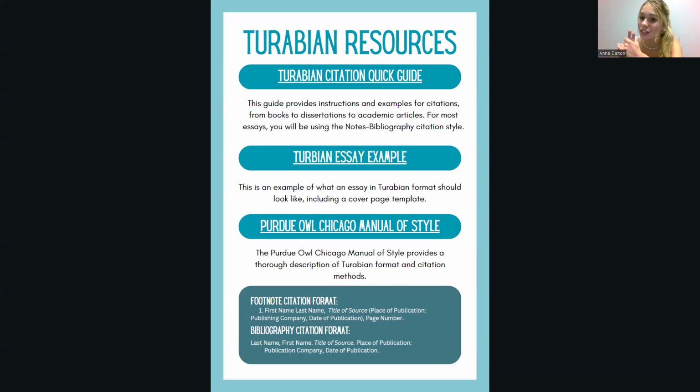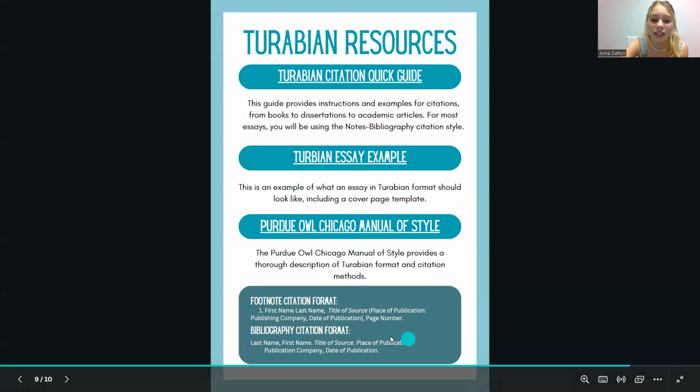And then the second citation will be in your bibliography, which is the page that comes at the very end of your essay. And this is where you list out all of the sources that you used in your essay. And this citation is going to include the same information as your footnote, but in slightly different order.